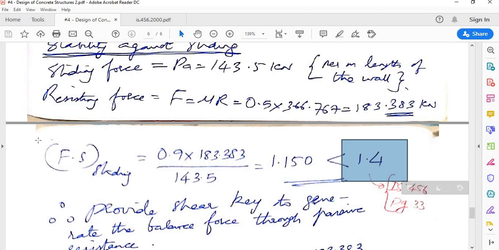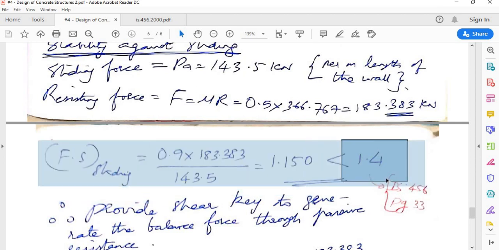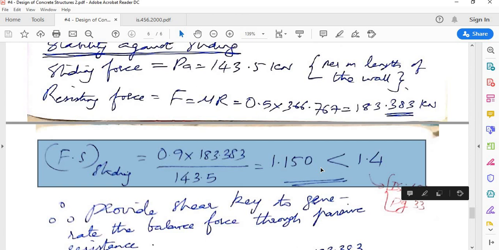For sliding, whenever there is a surcharge, and in this problem also we have a surcharge load, in most of the cases it becomes difficult to satisfy the sliding check.